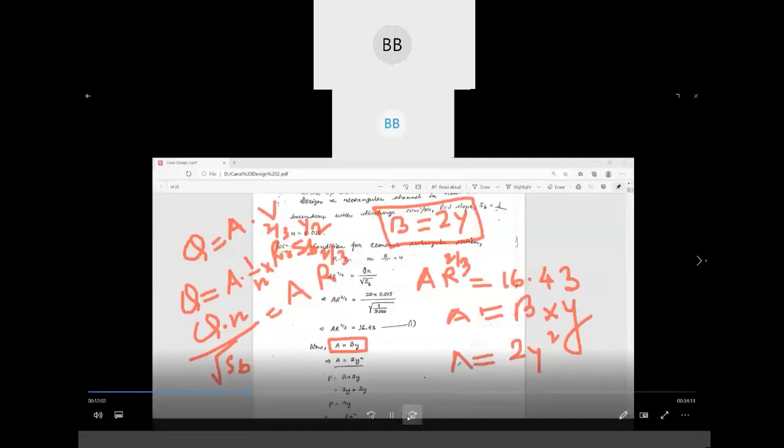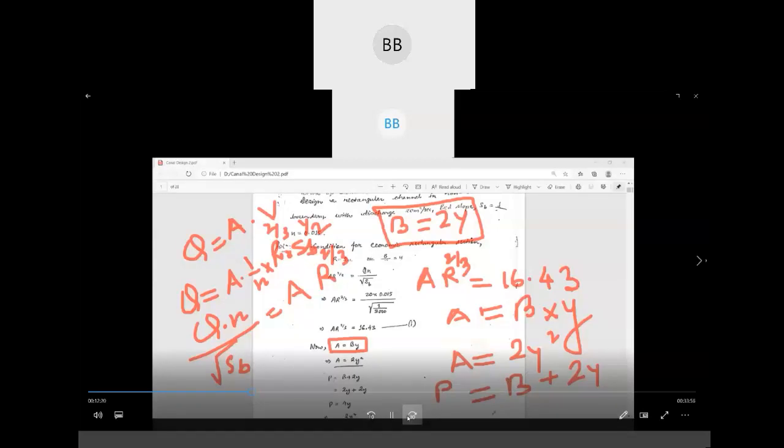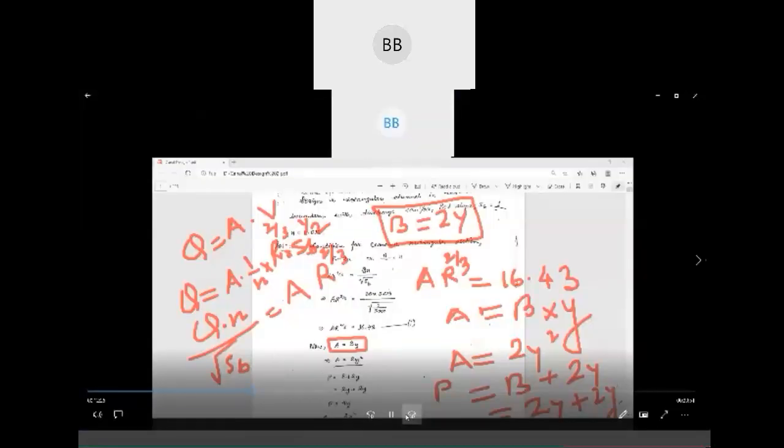Then the wetted perimeter of a rectangular channel is nothing but B plus twice Y. Again, in place of B, you can substitute twice Y plus twice Y. So area is your twice Y square, and wetted perimeter is nothing but 2 plus 2, 4Y.